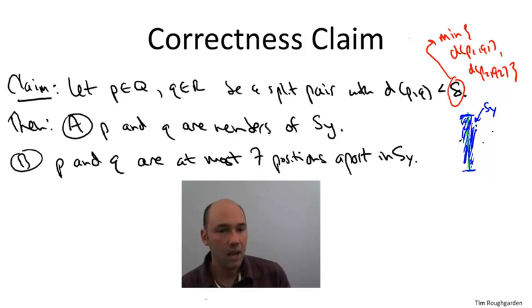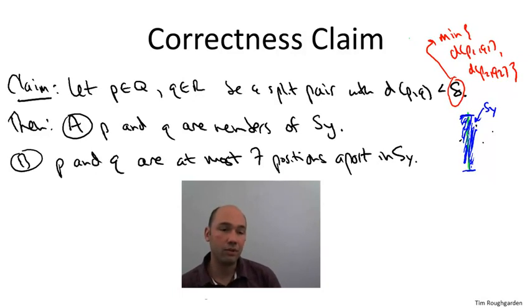What does it say? It says consider any split pair, that is one point p from the left side Q, and another point q drawn from the right side of the point set R, and further suppose that it's an interesting split pair, meaning that the distance between them is at most delta. Here delta is, recall, the parameter passed to the closest split pair subroutine, which is the smallest distance between a pair of points which is all on the left or all on the right, and this is the only case we're interested in.